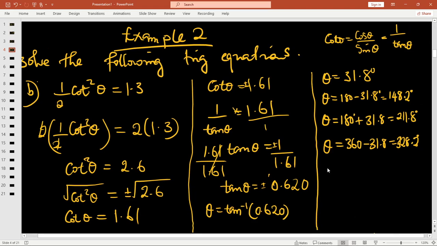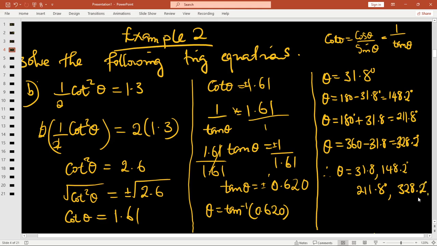Okay, so therefore the four solutions that we have here: theta is equal to 31.8 degrees, 148.2 degrees, 211.8 degrees, and also we have 328.2 degrees.